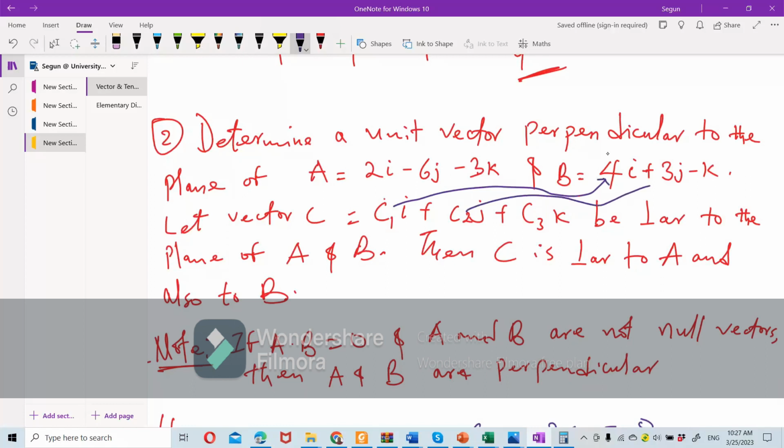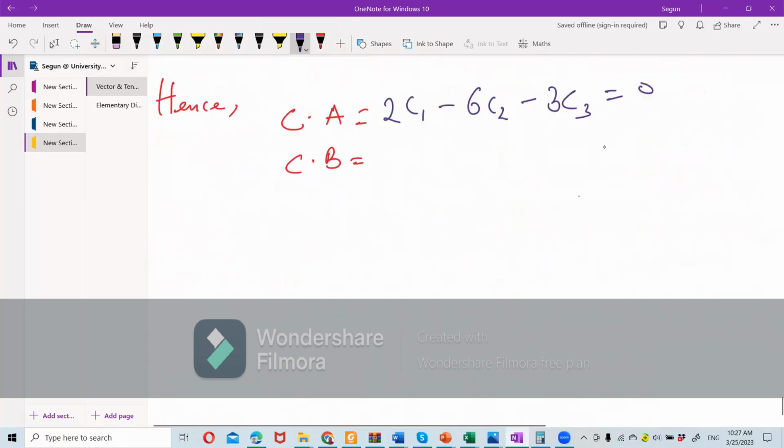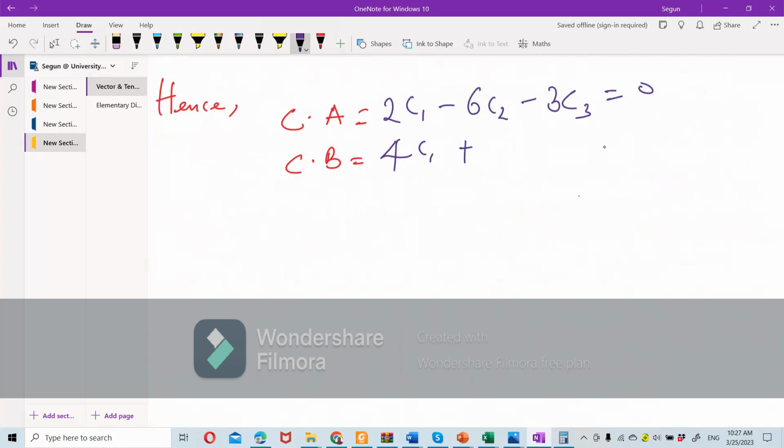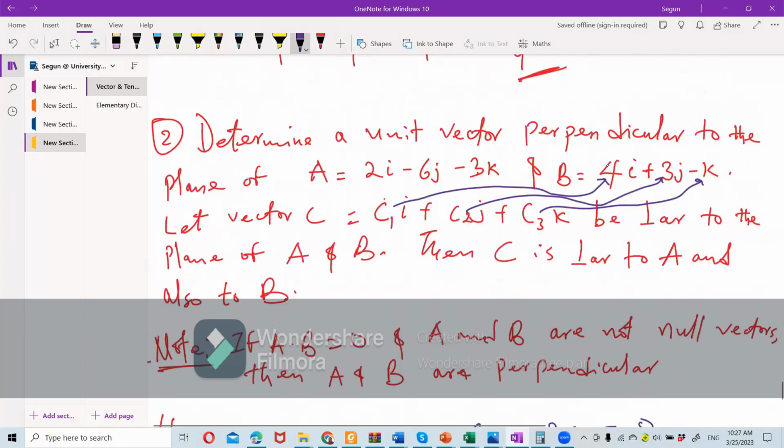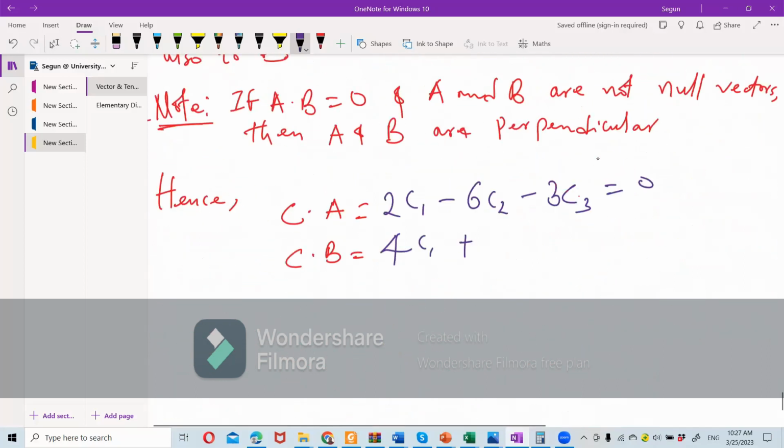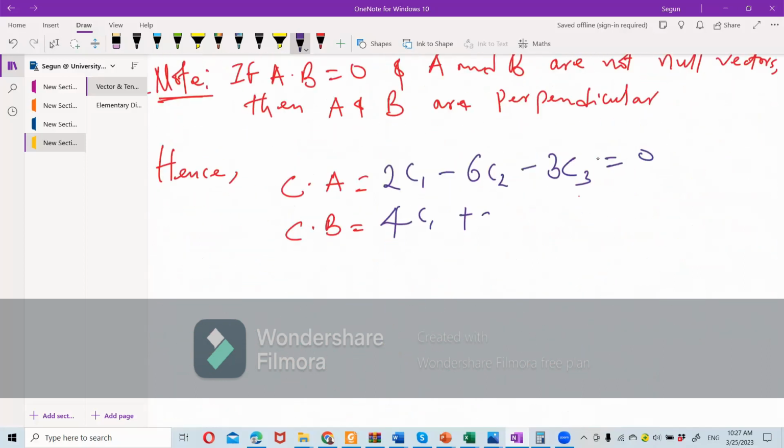C2, we multiply this. C3, we do the same thing here. So what do we have here? The first one will be 4C1 plus 3C2 minus C3, because it's 1 that is multiplying.